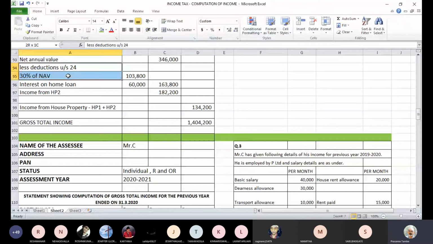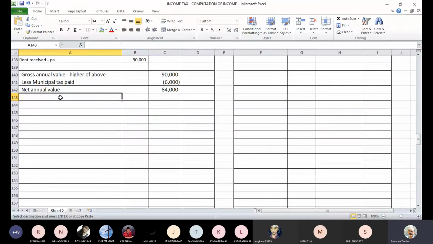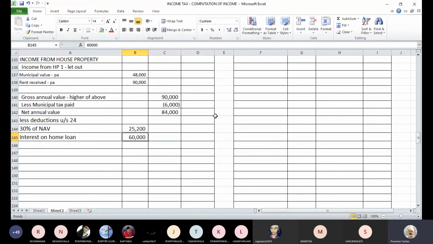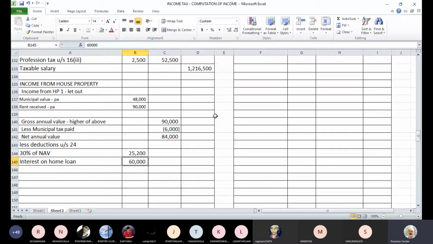So less deductions under section 24. One is 30% of NAV. 30% of NAV is 25,200 and interest on home loan is given as 1,20,000 in this case. So total deductions are 1,45,200.